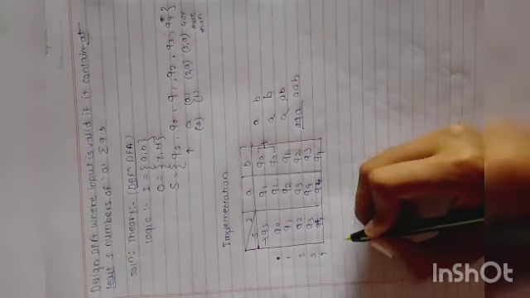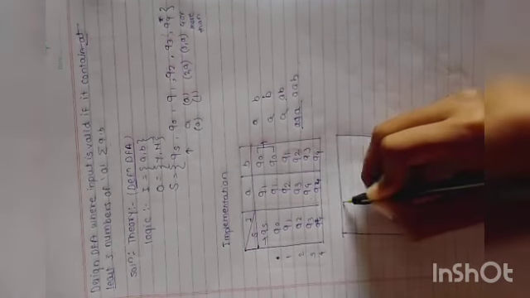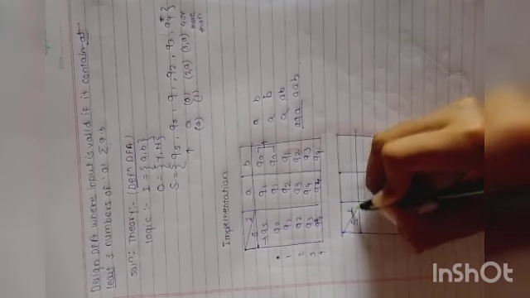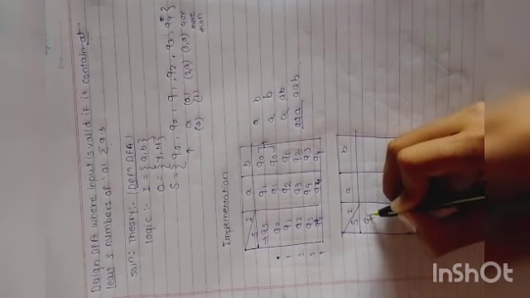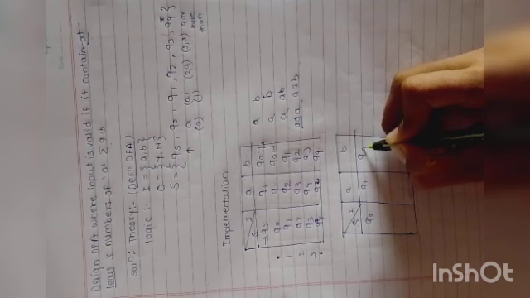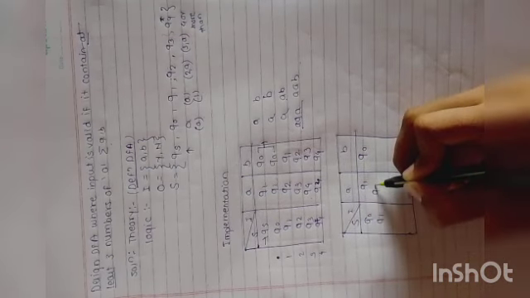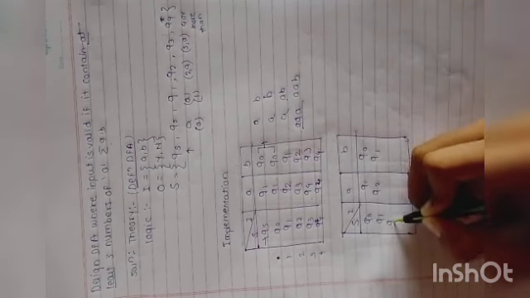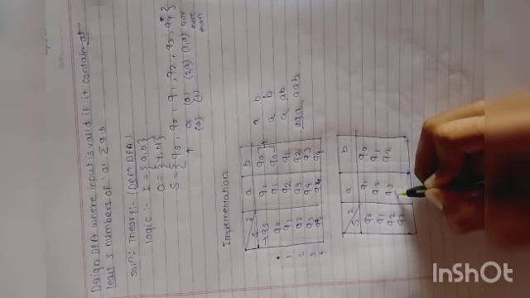So this is our transition table after merging. Q2, Q3, Q2, Q3, Q4, Q3. Q4 is the final state, this is the start state, Q4, Q4. This is our transition table after merging.